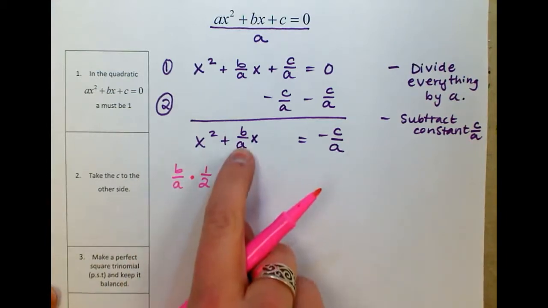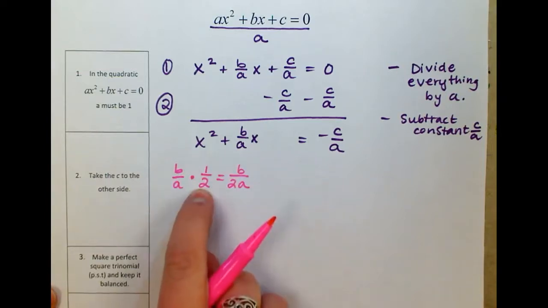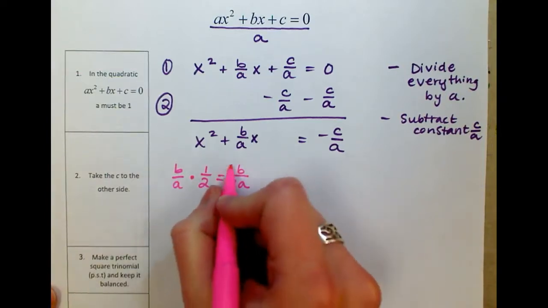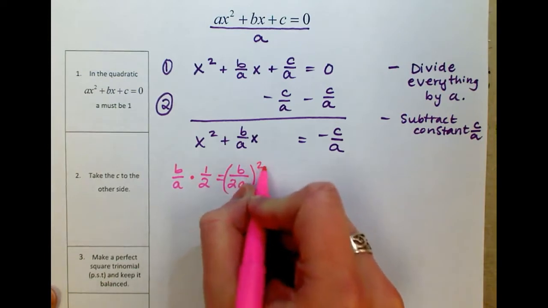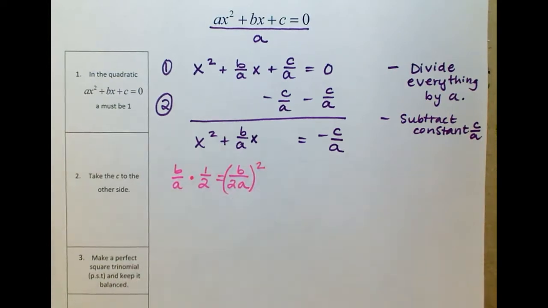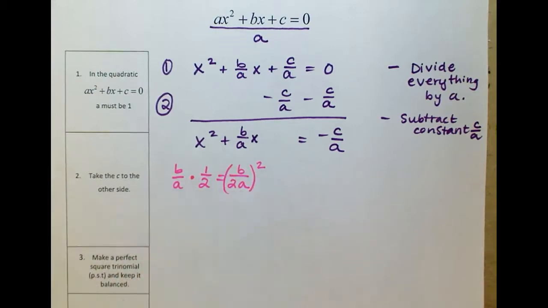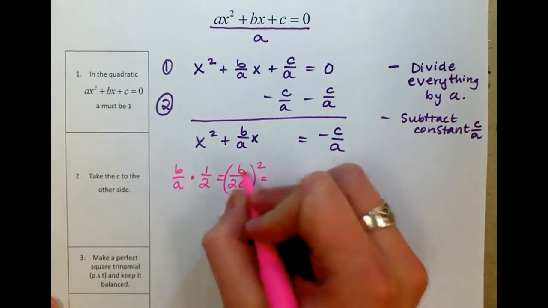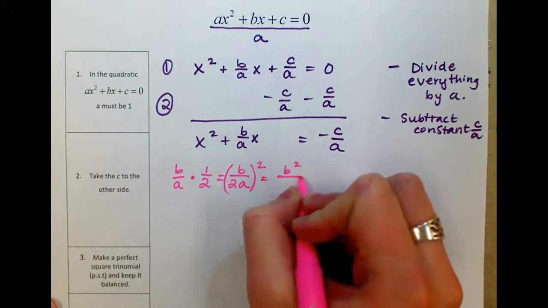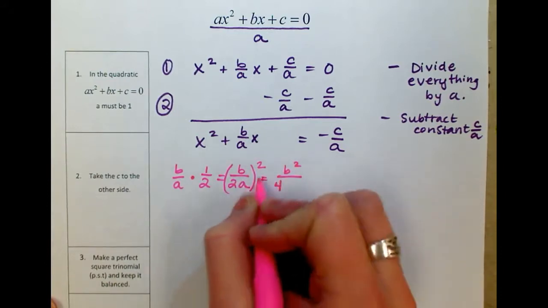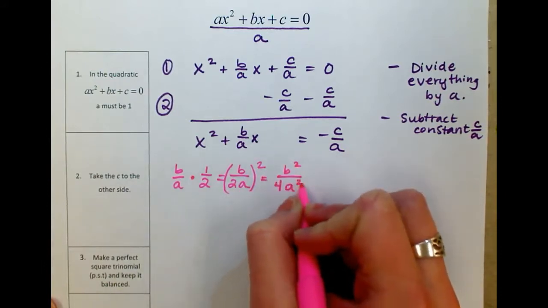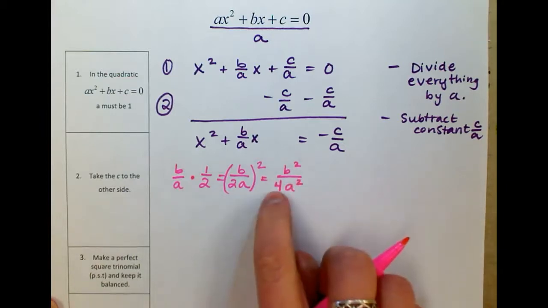When I take my middle term and divide it in half, the next step I do is I square it. If you need to refresh on completing the square, we take it in half and then we square it. So this will give us b squared, 2 squared, over a squared. So I have b squared over 4a squared.